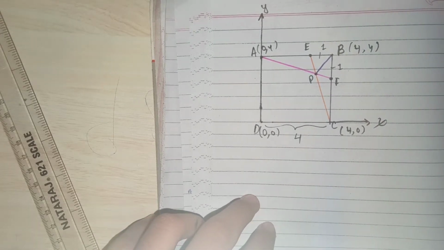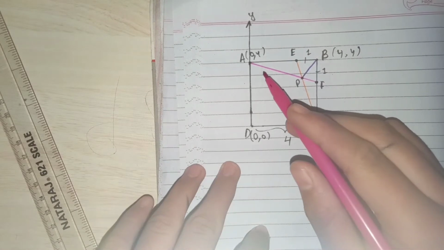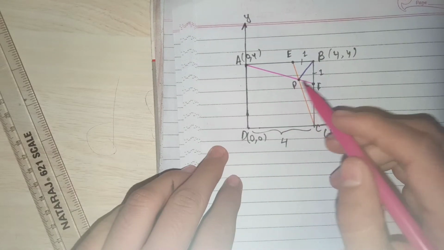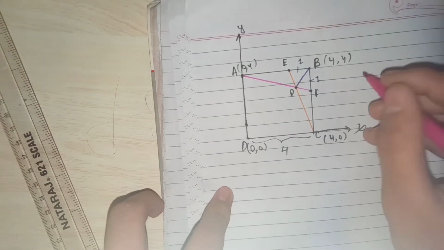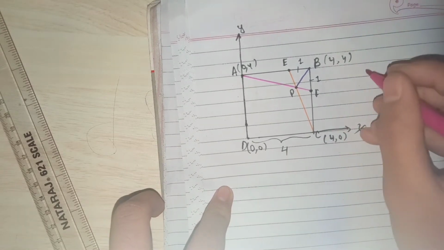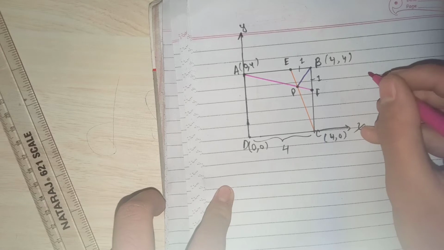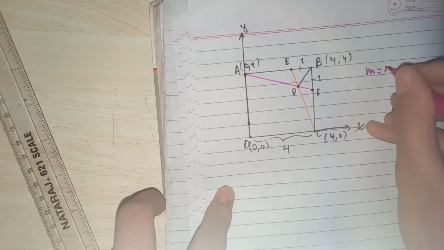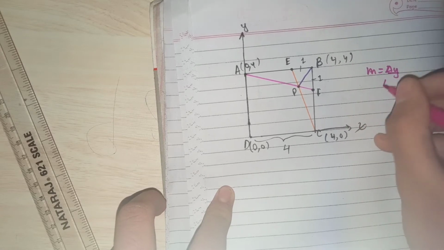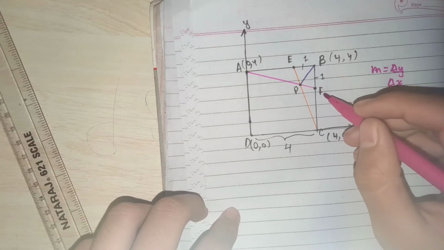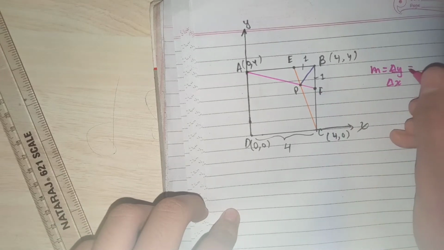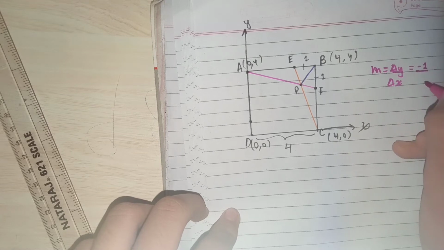So how can we do that? Well, we can find the equation of the line AF. So what's the slope of AF? That's change in y over change in x. How much does my y change? I go down by 1, so my change in y would be -1. And what is my change in x?